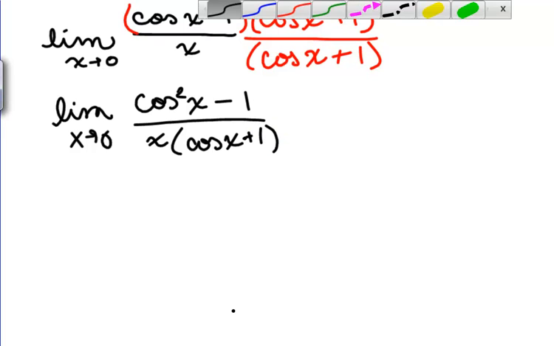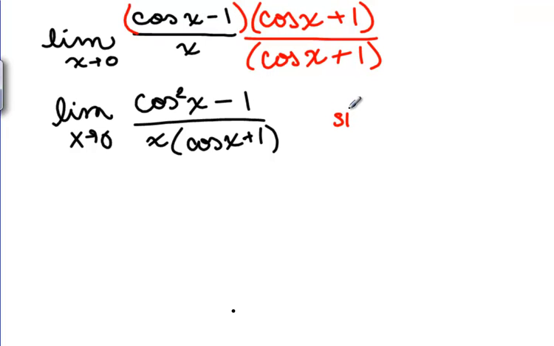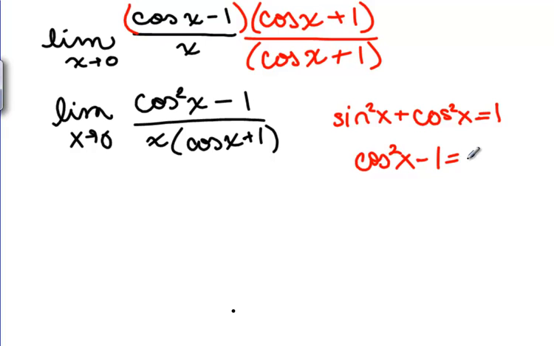Because remember the Pythagorean identity, sine squared x plus cosine squared x equals 1. So that also means that cosine squared x minus 1 equals negative sine squared x.